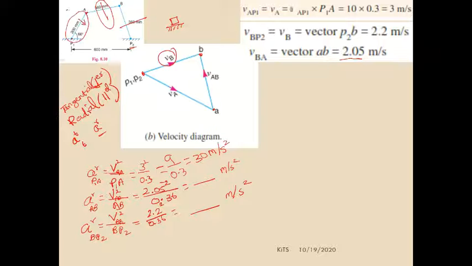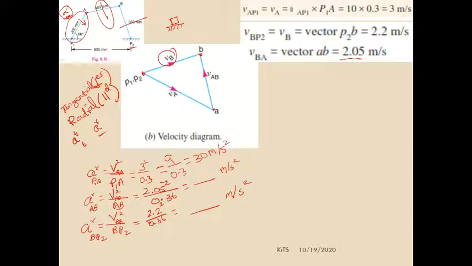For the crank, if they give the angular acceleration in the question, it will have the tangential acceleration component. If they didn't give the angular acceleration of the crank, then it will not have the tangential component. Listen carefully.